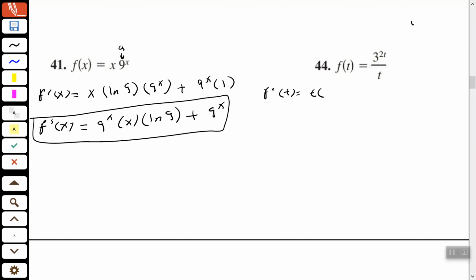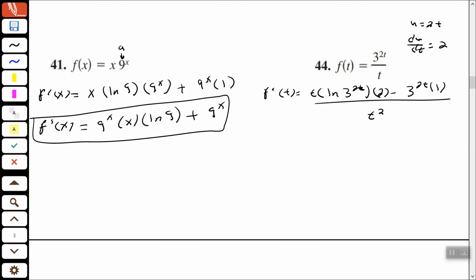We know that u is equal to 2t, and then du dt is equal to 2. So times the natural log of 3 to the 2t times 2. And then minus high d low, so 3 to the power of 2t times 1, all over our denominator squared.